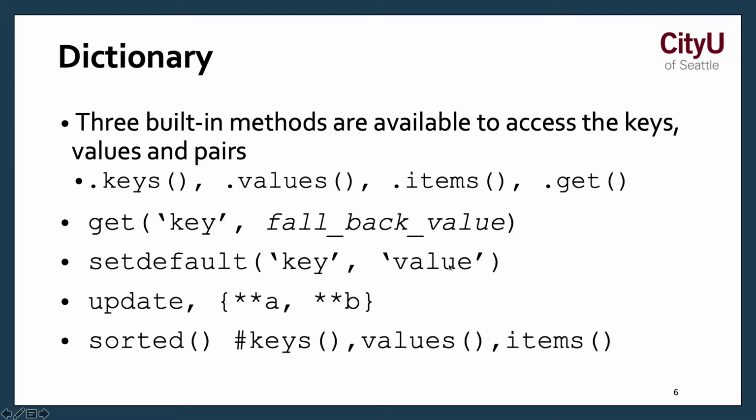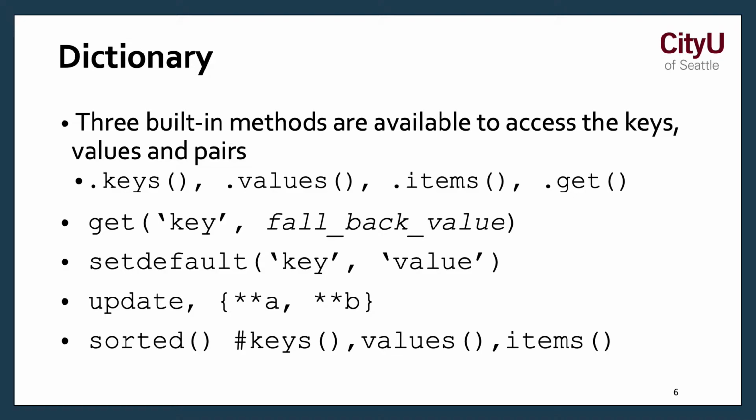Setdefault is one of the methods that you can use. If you're used to doing coding challenges, you would usually do: if in dictionary, then insert in dictionary. You can basically get away with just using setdefault, so that it sets a default if it does not see the key.